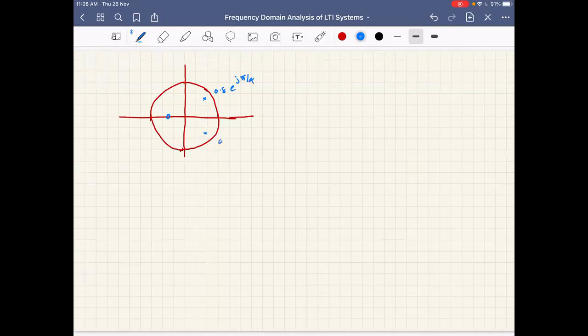The second pole location is 0.8 e power minus j pi by 4, and the zero location is minus half. Now, given this pole zero plot, we want to see how many possible systems can be written with the same magnitude response.